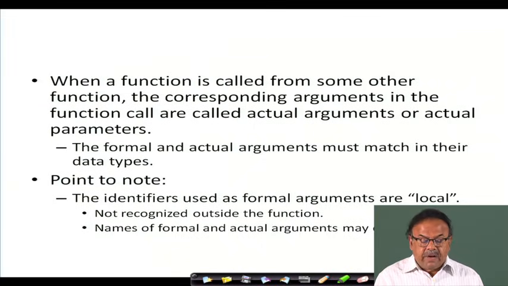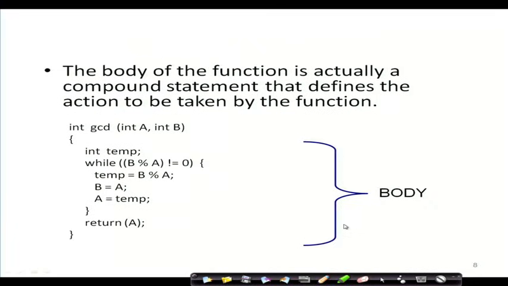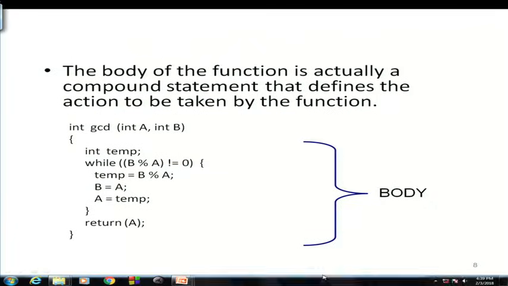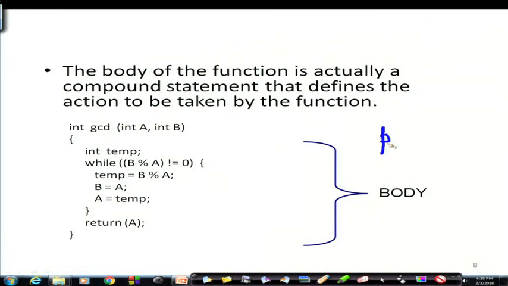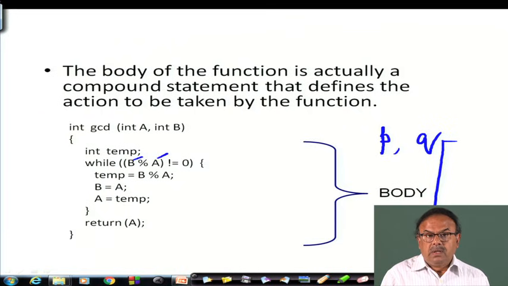The identifiers used as formal arguments are local, not recognized outside the function. The names of formal and actual arguments may differ, as we have seen here. My actual arguments were P and Q, and here it is A and B, of course, they are differing. Now, this A and B will not be reflected anywhere outside this function.